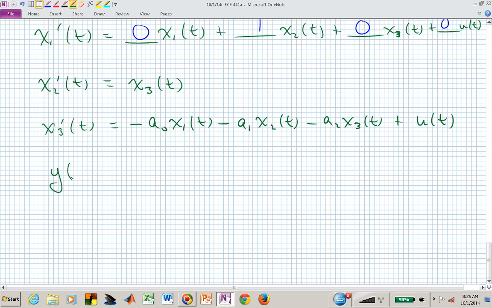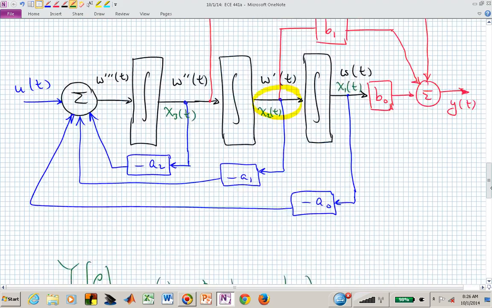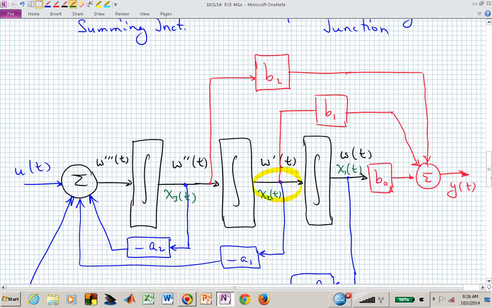And what's y of t? I want to write this not in terms of the w's. The w's were the intermediate variables that I used to build this diagram. Now I need to talk in terms of x1s, x2s, x3s, and u's.